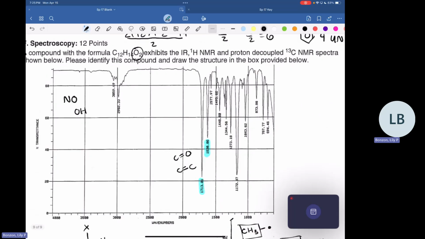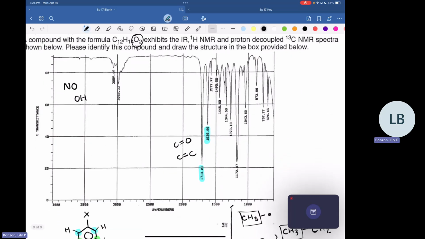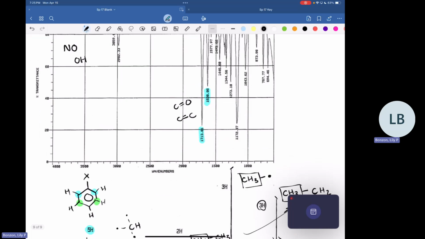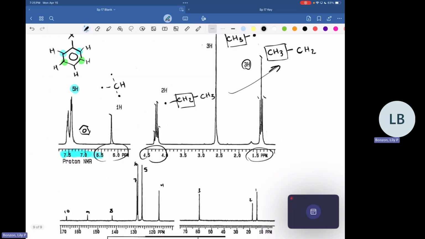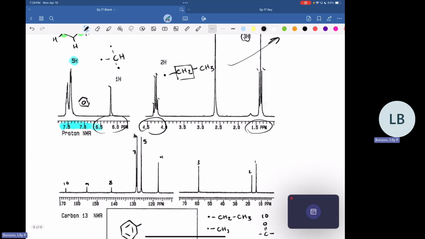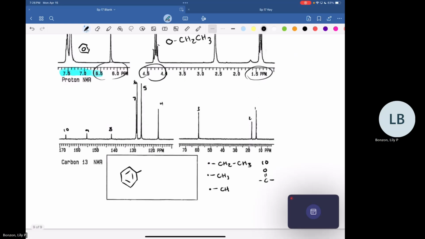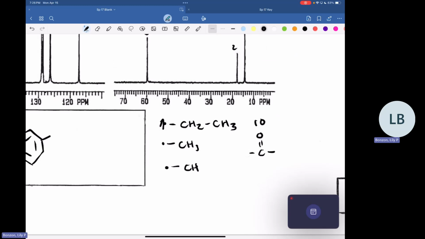And then most of the time when there's 2, it's going to be an ester, or a carbonyl and then an ether somewhere. And I see that this 2H peak is very far downfield to the left. So I think this one is going to be connected to the oxygen. So we'll go ahead and update that.